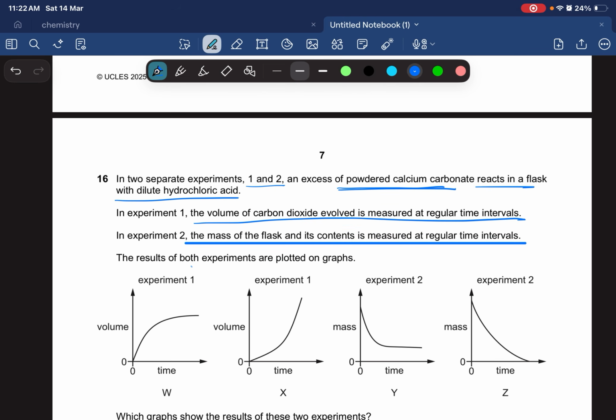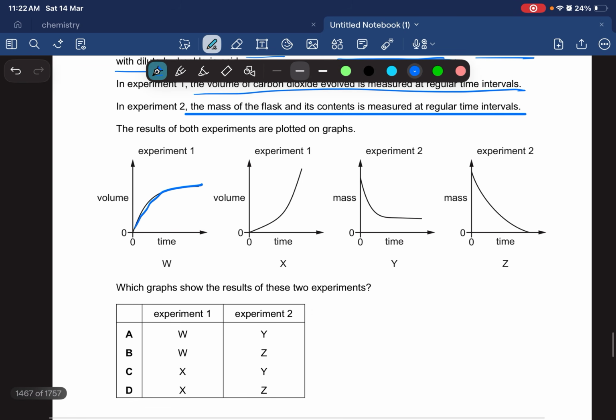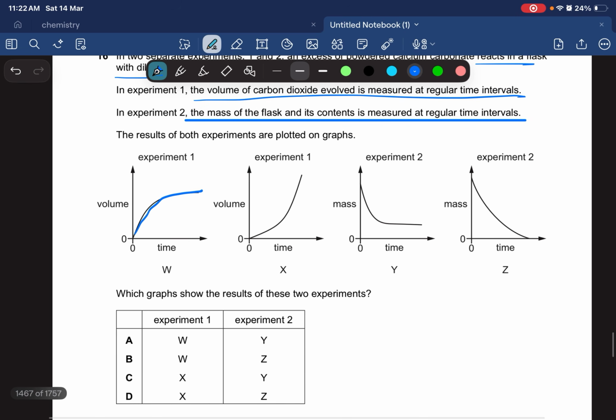The results of both experiments are plotted on the graph. Which graphs show the results of these two experiments? Experiment 1. Obviously, the carbon dioxide is going to increase, so it's going to be W.